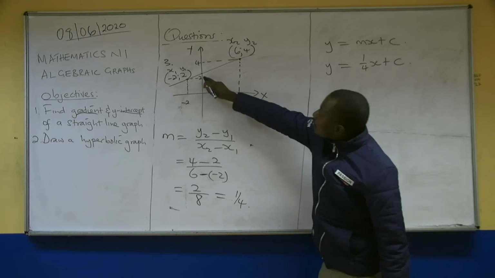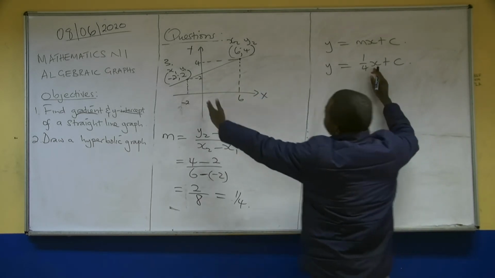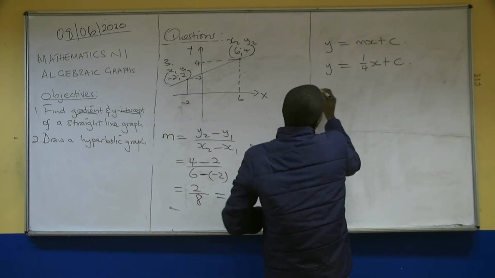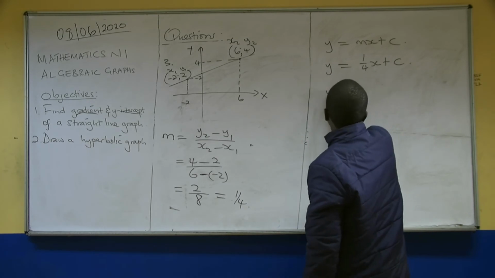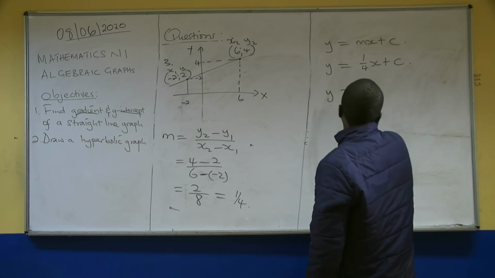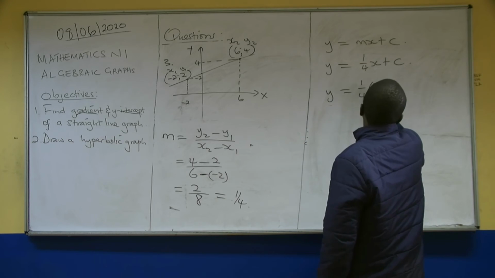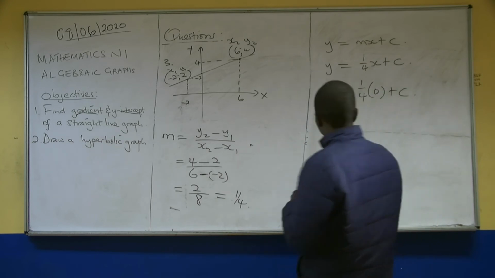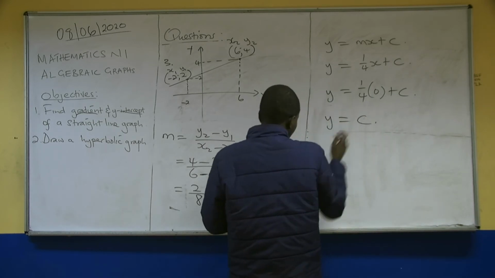What we know is that when the line crosses the y-axis, it means our x is going to be 0 because it is along the axis. Therefore, we can now say we have y is equal to 1 over 4, then we have got our x, I said it will be 0, then we are going to have a c.